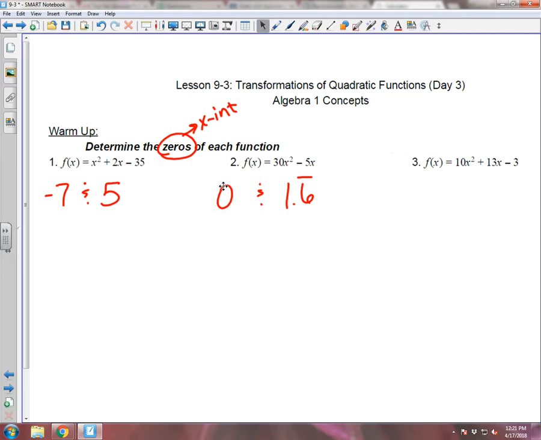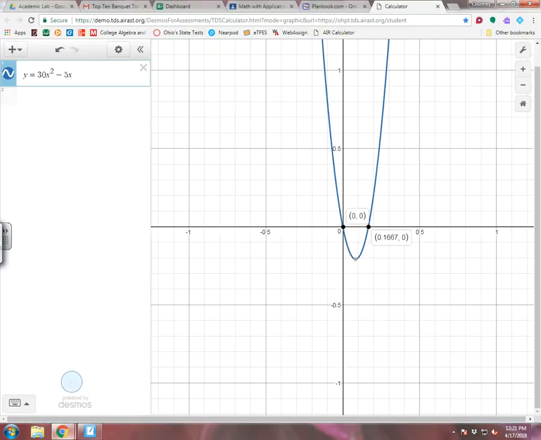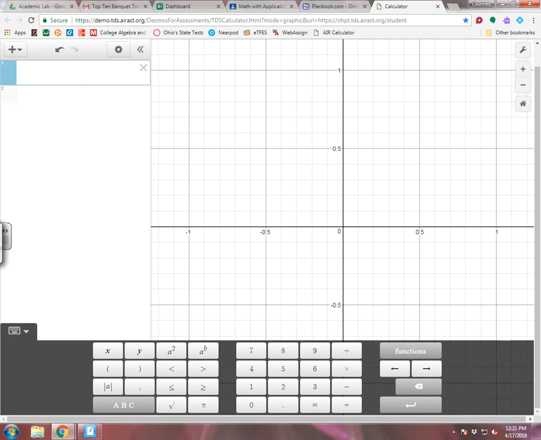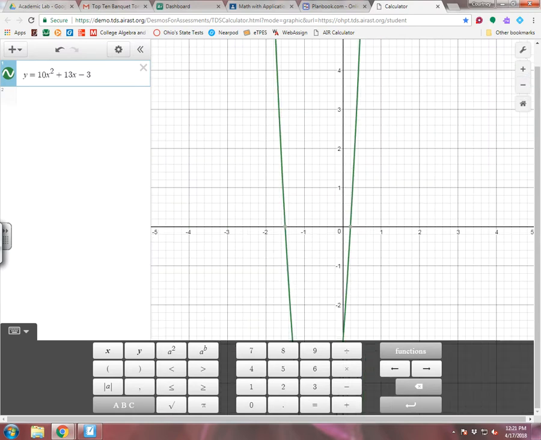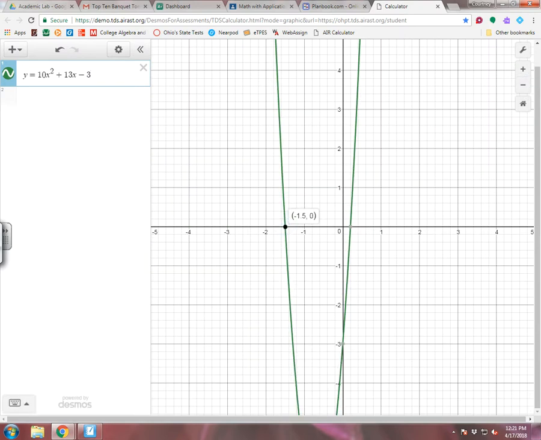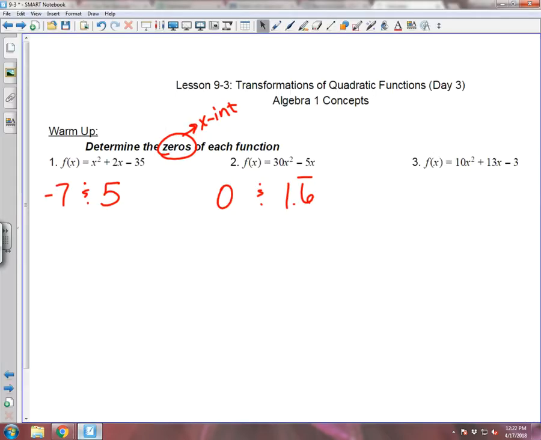And finally, number 3, y equals 10x squared plus 13x minus 3. It's looking like I am going to have to zoom out this time. My zeros are at -1.5 and 0.2.